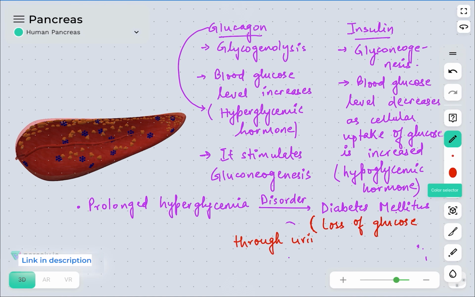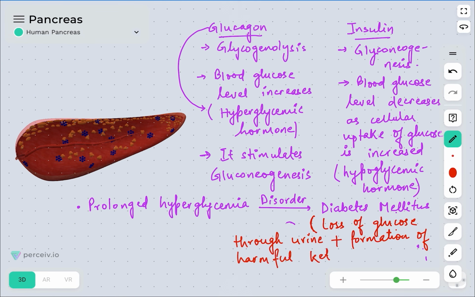Apart from that, it also results in the formation of ketone bodies, which are harmful compounds. So: loss of glucose through urine, along with formation of harmful ketone bodies.